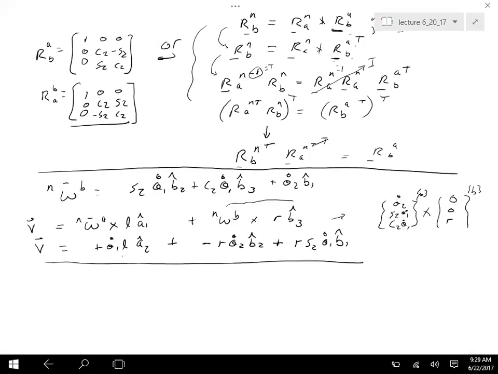How did I end up with these terms? I chose by convenience, the least number of operations thus far. Is that a valid description for V? Absolutely. It's in mixed frames, but that is the total velocity of V. I can write it in any frame I wish along the way.